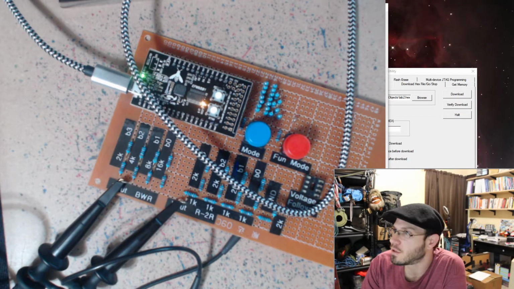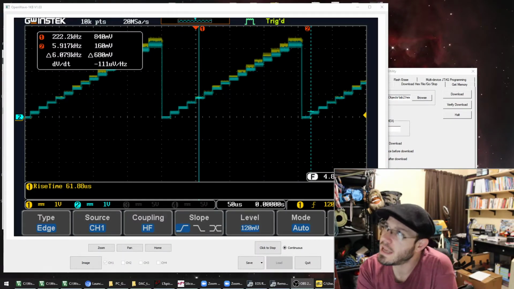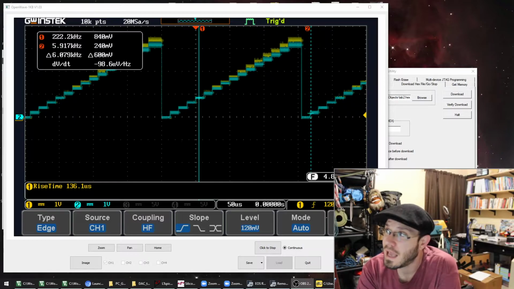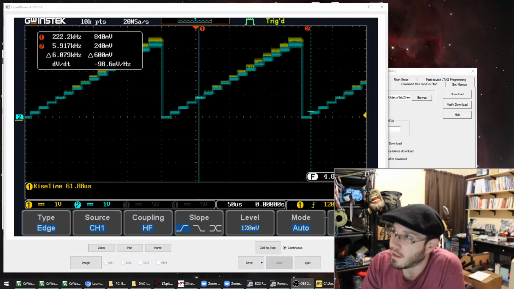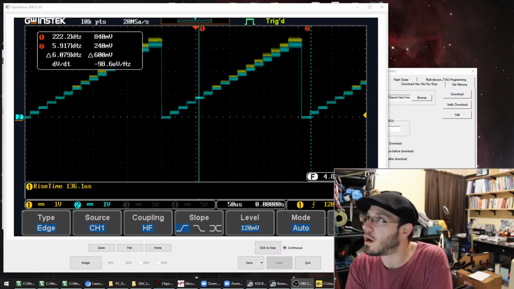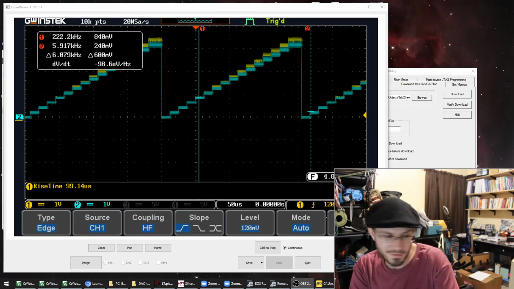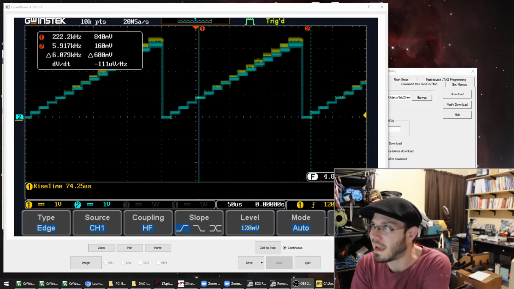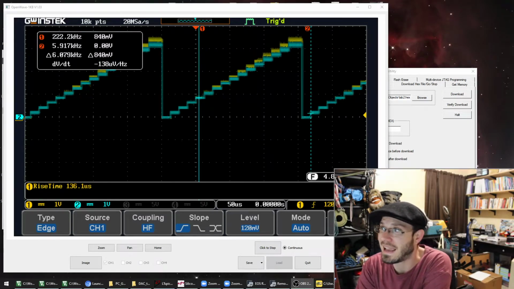If I go back to the waveform, you can see with them superimposed, the binary weighted resistor DAC reaches that full scale value, whereas the blue one, the R2R, does not. They are doing virtually the same exact function, which is taking the same digital output and outputting it as an analog voltage.